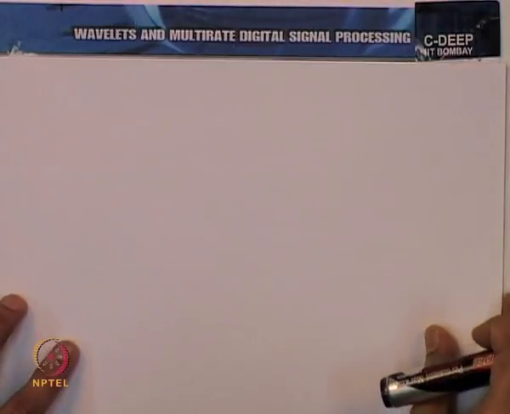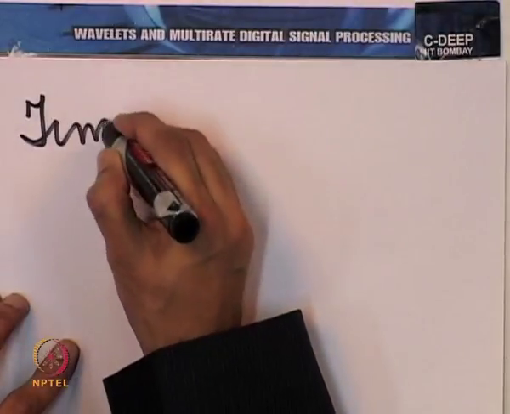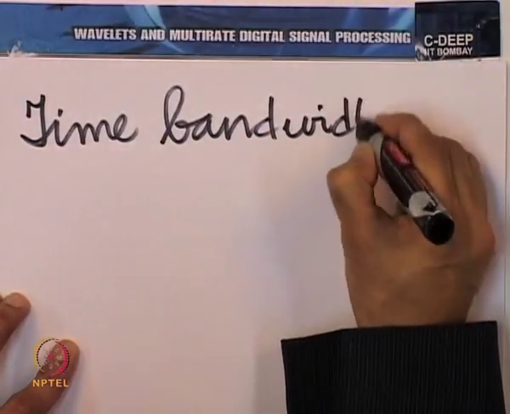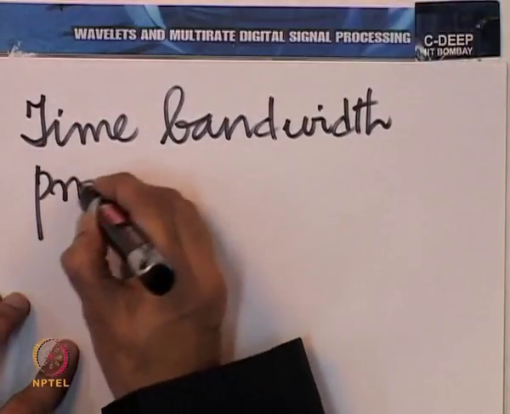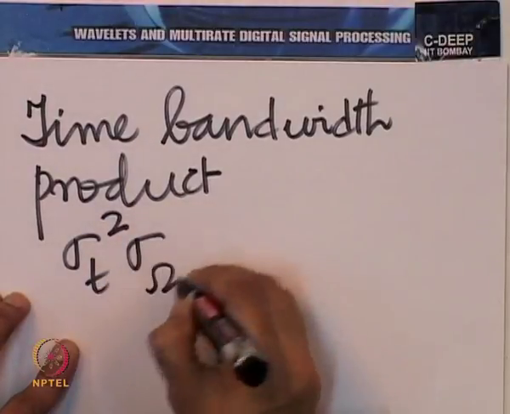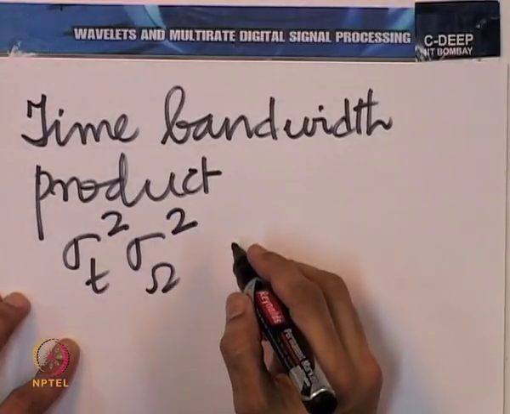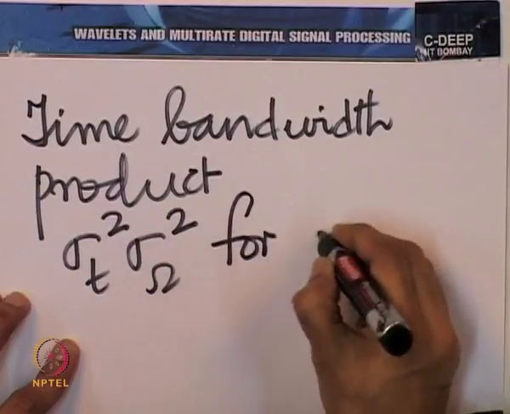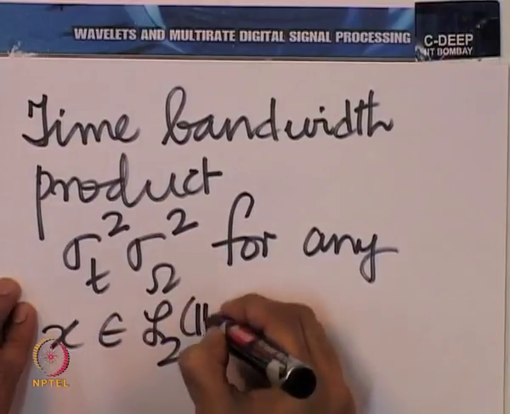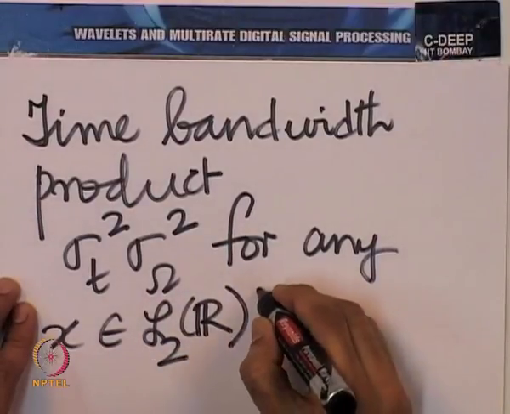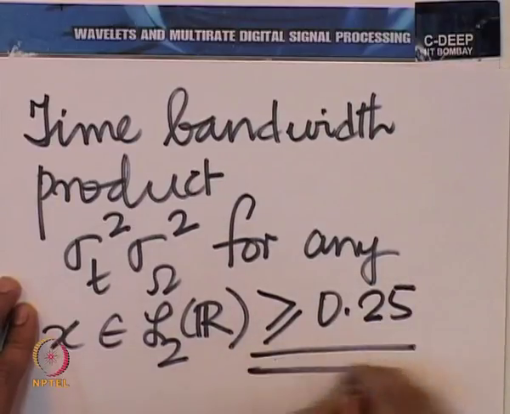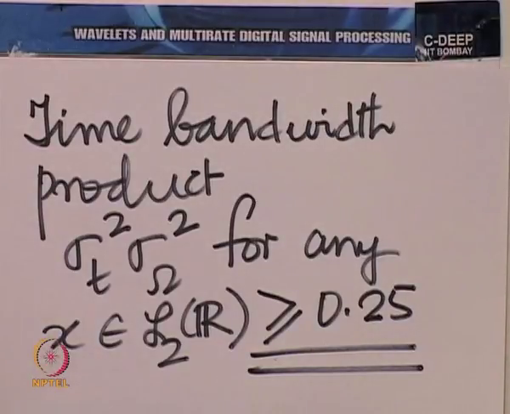So, we said the time bandwidth product sigma t squared sigma omega squared for any function x belonging to L2(R) is always greater than or equal to 0.25. We had proved this the last time.